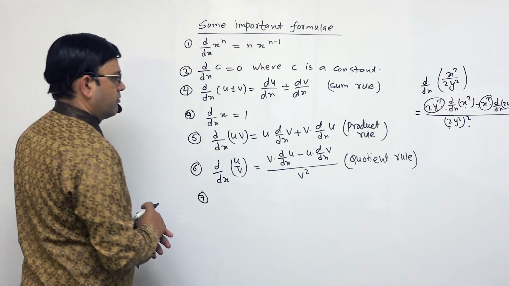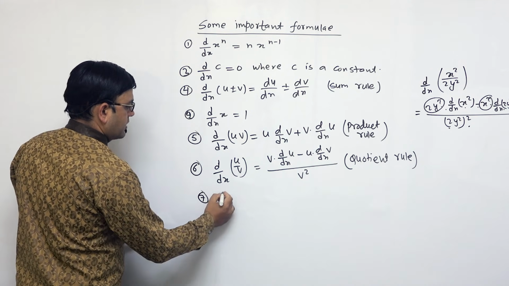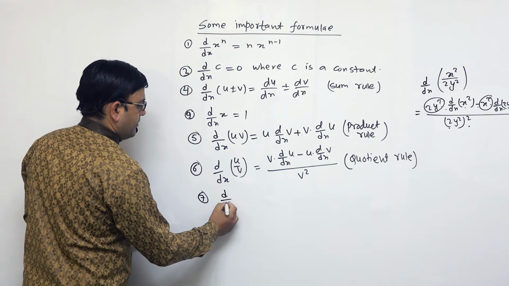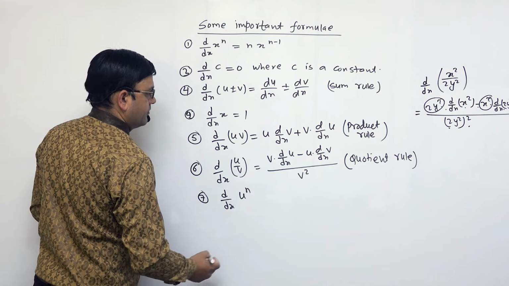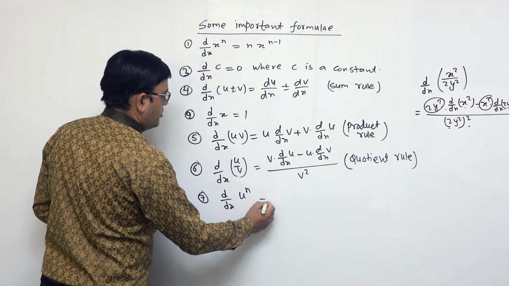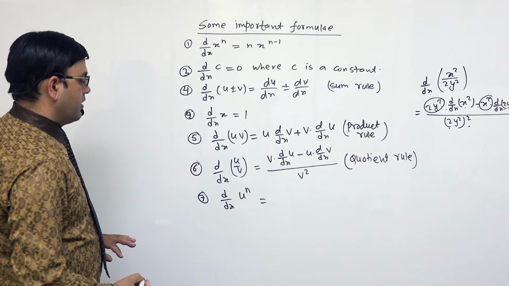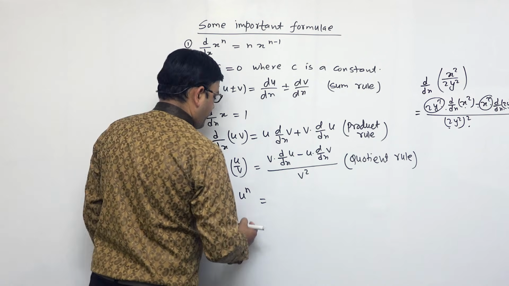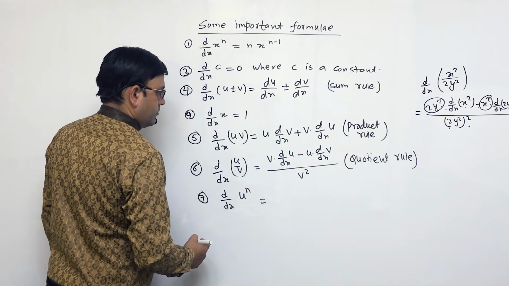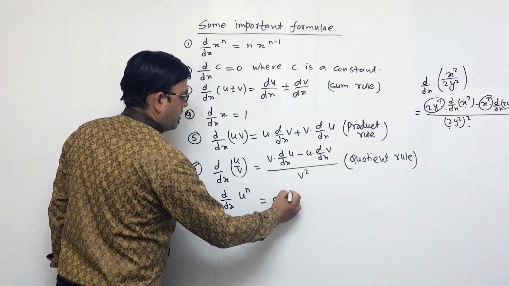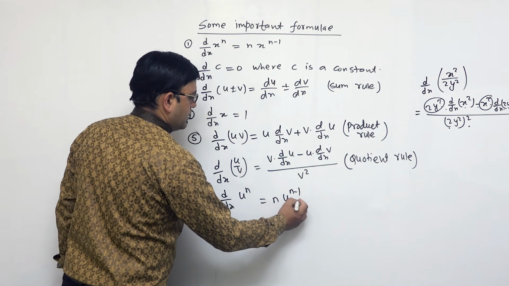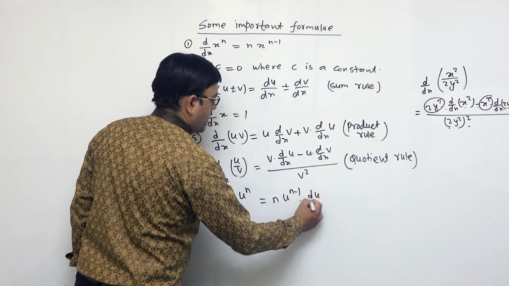Similarly, formula number 7: d by dx of u to the power n is equal to n times u to the power n minus 1 times du by dx.